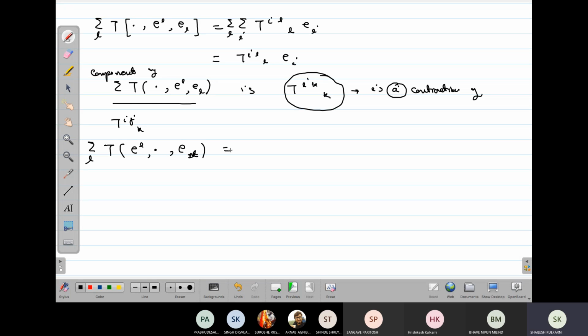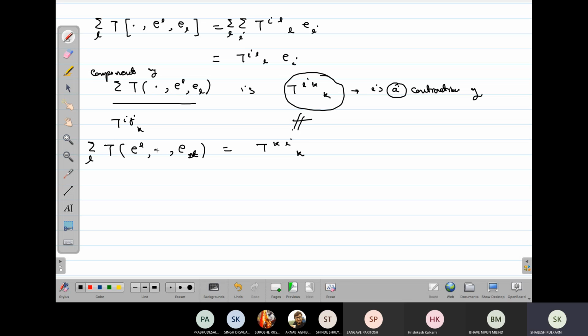It will be T^{ki}_k, and there is a summation over k. So this k is repeated, so k is summed over. In general, this contraction is not equal to that contraction. So you can see by changing the position of the empty slot, I get a different contraction.